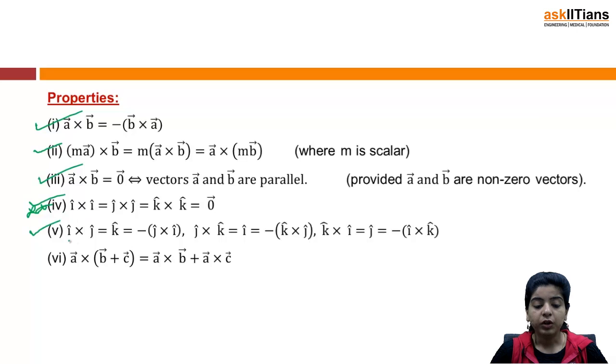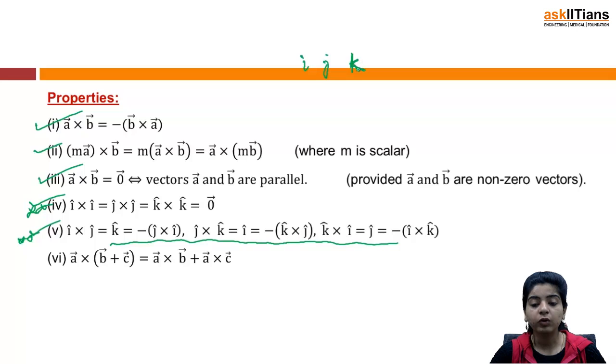Next one, this is also important: i cross j is k, which is minus of j cross i; j cross k is i, which is minus of k cross j; and k cross i is j, which is minus of i cross k. So don't get frightened seeing this formula. In fact, you will not have to mug it up. You just have to follow the cyclic order.